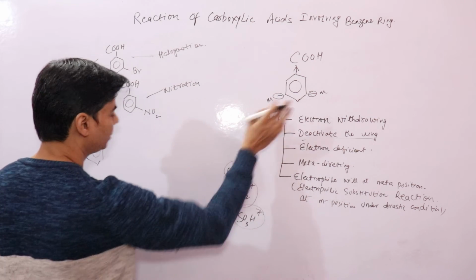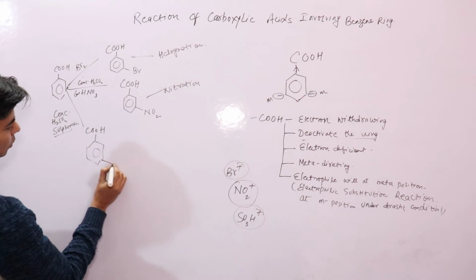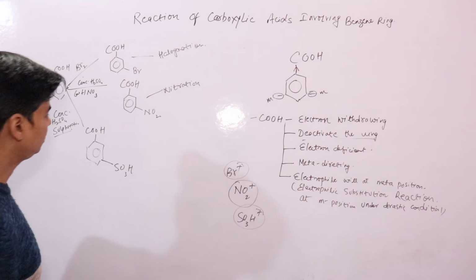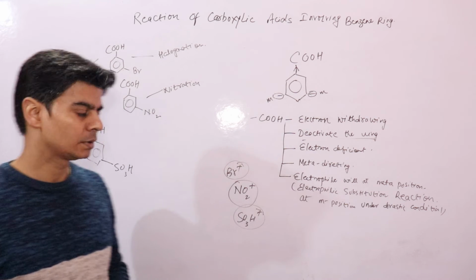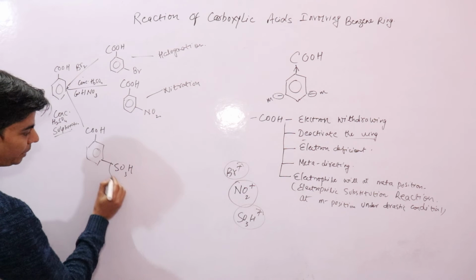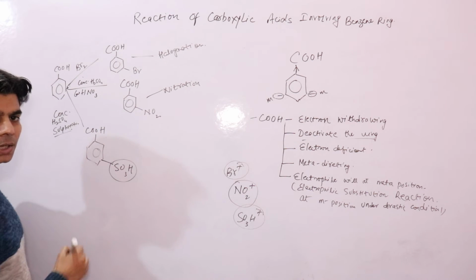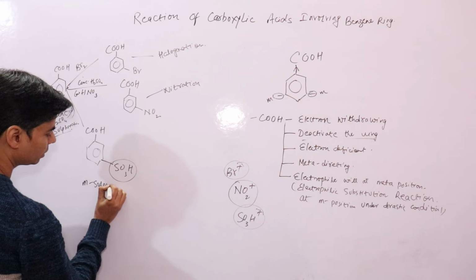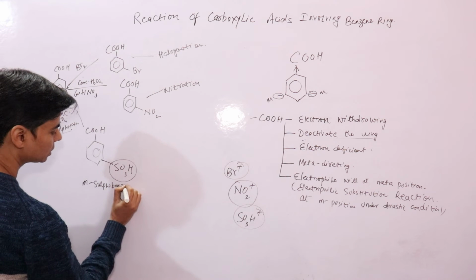And it will attack at the meta position again. So what it will form is meta sulfonic acid. The sulfonic acid will go at the meta position. The name is meta-sulfobenzoic acid.